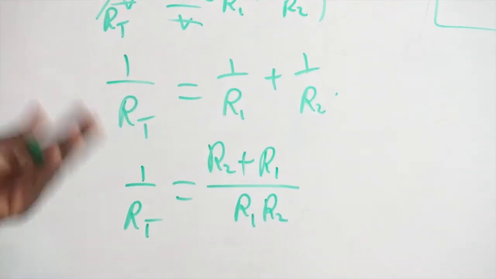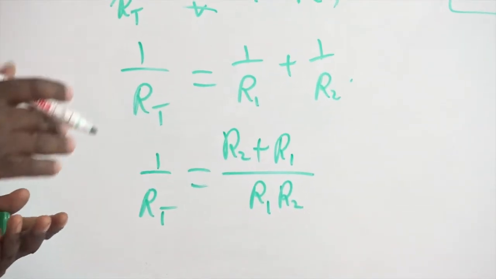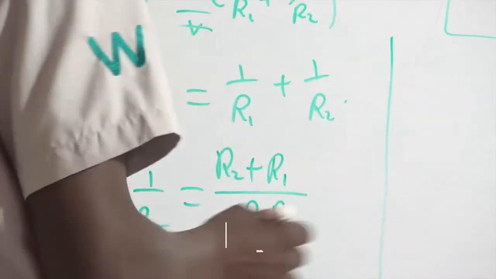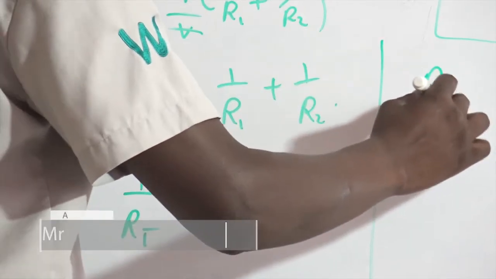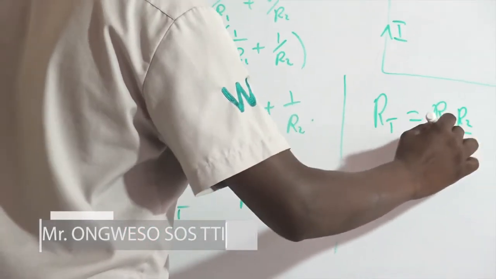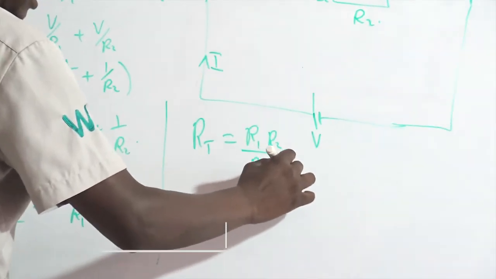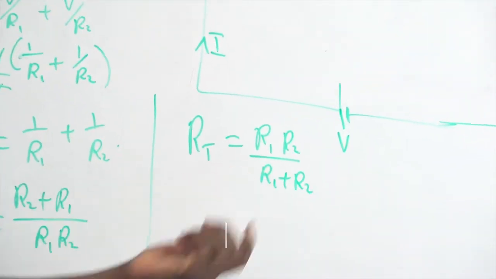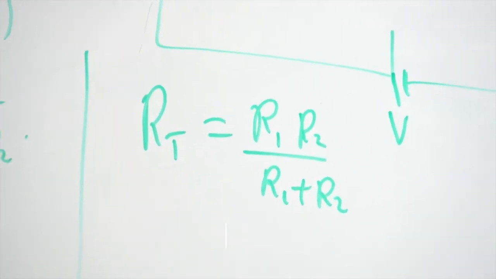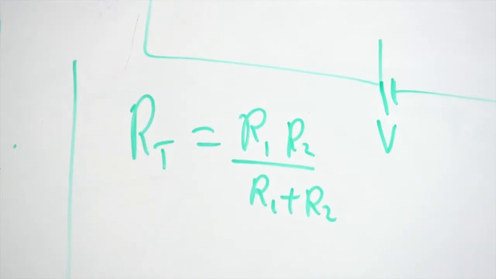If you reciprocate the two sides, the left hand side and the right hand side, then RT will be equal to R1 R2 over R1 plus R2. This is how you get total resistance in a parallel circuit when you have two resistors in parallel.